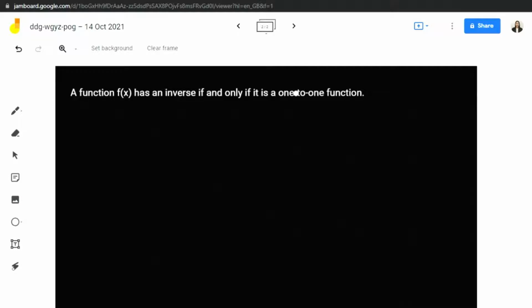So this means that not all functions have an inverse, only when it is a one-to-one function.